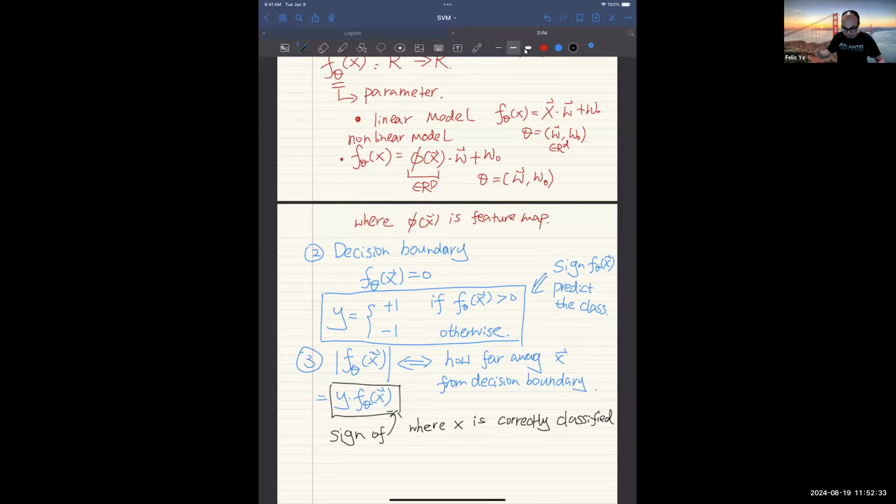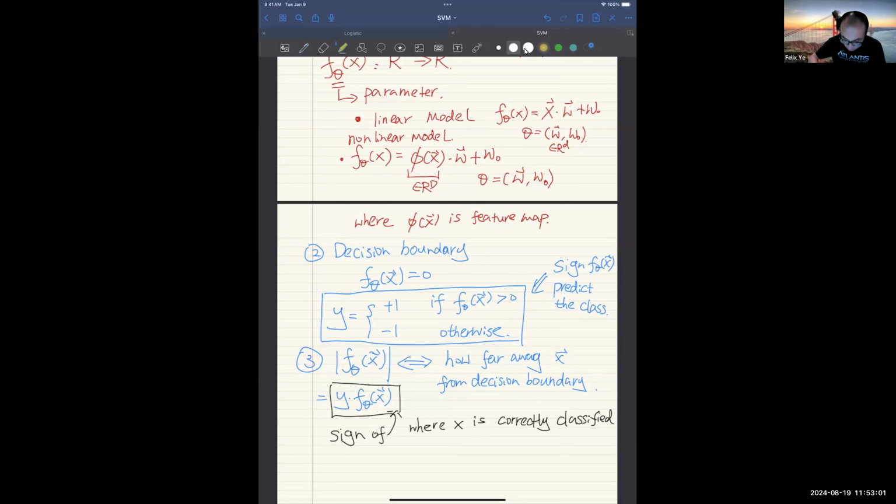If it is positive, that means y and f theta of x have the same sign, which means it is correctly classified. If y and f theta of x have different signs, the multiplication will be negative, and that tells you x is not correctly classified.